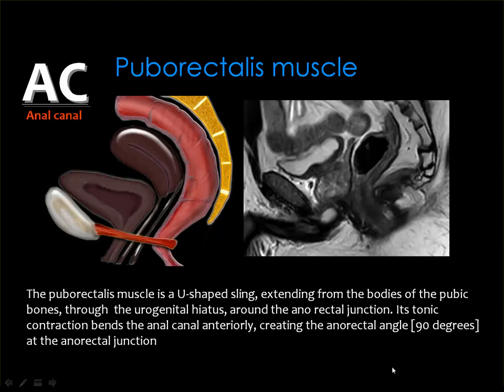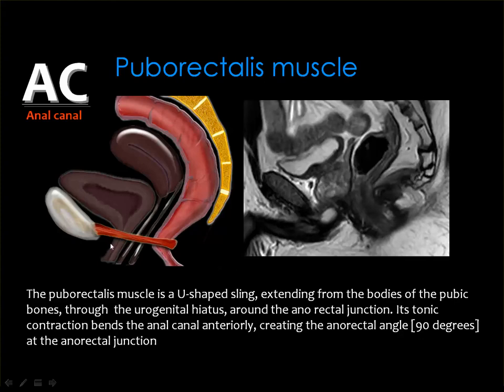Then if you have the sagittal image, and you look posterior to the anal canal, you can see what looks like a mass of low signal similar to the rest of the skeletal muscles, and this is that part of the puborectalis muscle while it is going around the anorectal junction.